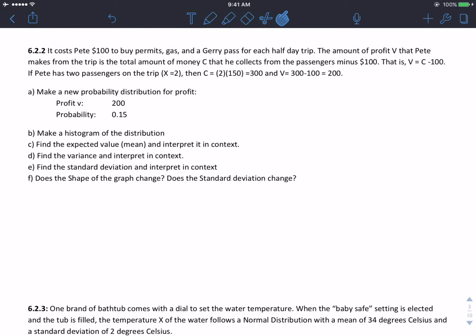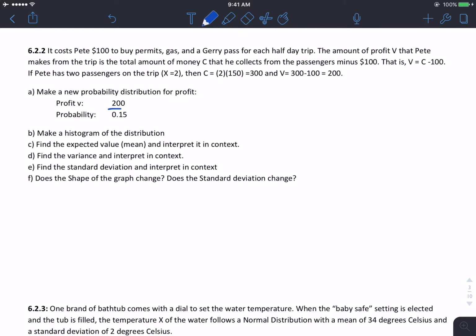Let's take a look at Pete again. We have to figure in that it costs Pete money for gas and ferry passes for each trip. So what happens is his profit's not actually $300. It's 300 minus the 100, so his profit is 200.